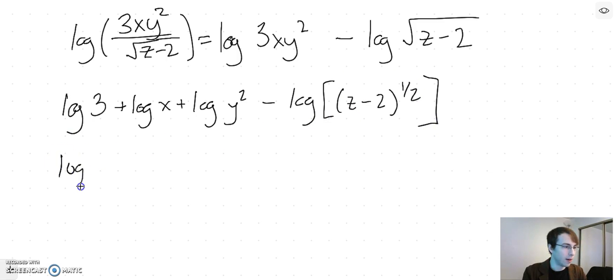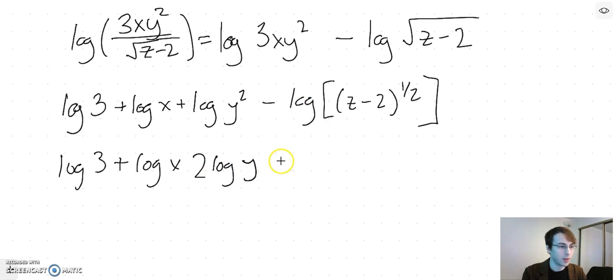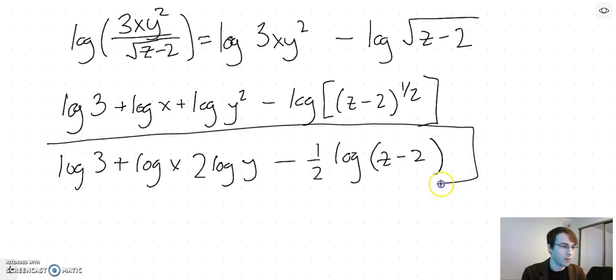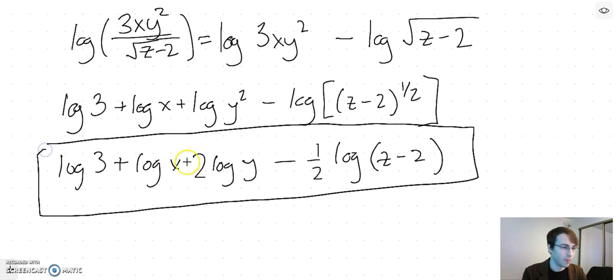So that's log 3 plus log x, let's take the exponent out in front, plus 2 log y, again take the exponent out in front, minus 1/2 log of z minus 2. So that would be our fully expanded form.